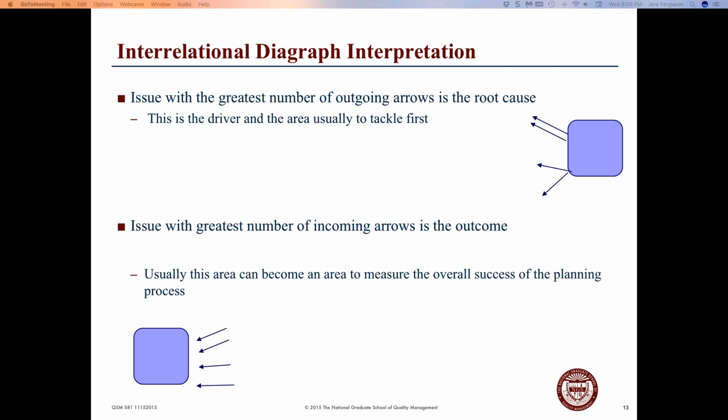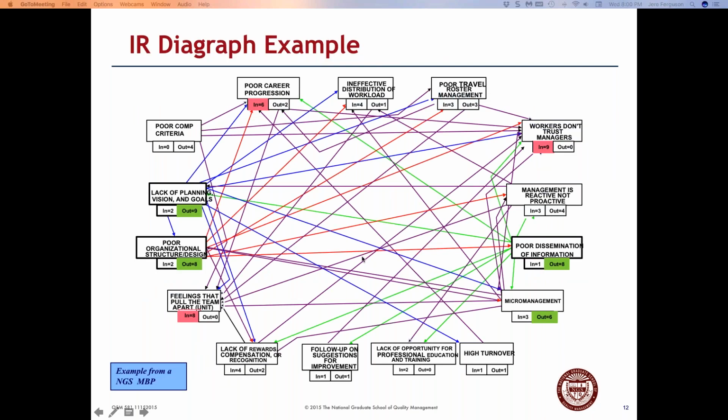Then, using the same process, using the greater number of incoming arrows, is the outcome. Usually, this area can become an area to measure the overall success of the planning process. So, when you go back to that chart again, now we're talking about the pink.